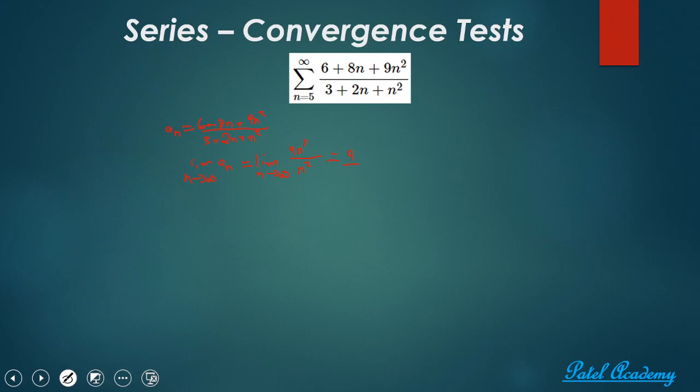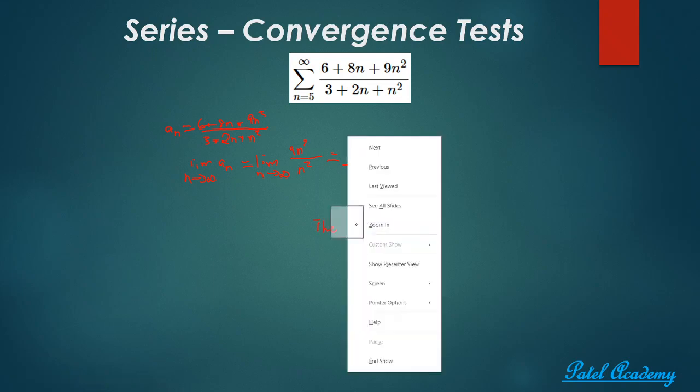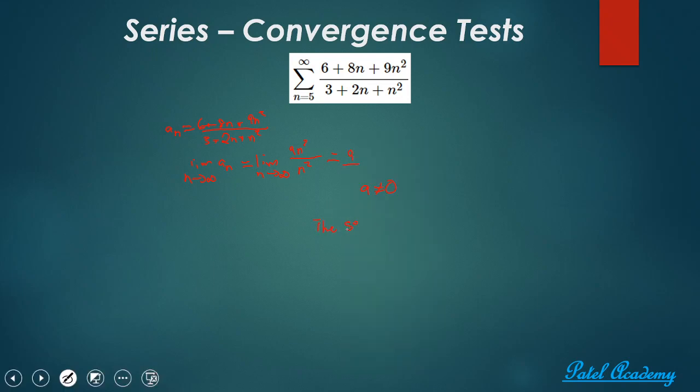So what do we know now? Because 9 is not equal to 0, obviously, we can say that this series diverges. And so the proper way to write that is that the series, you can choose to restate it if you want, it's not necessary, diverges by the nth term test.